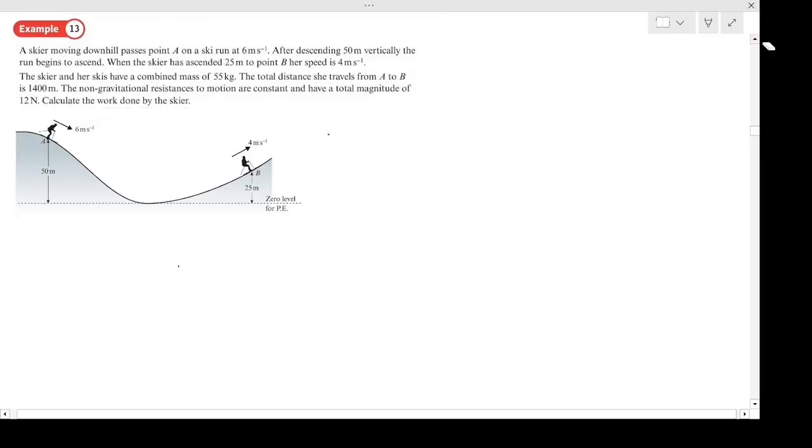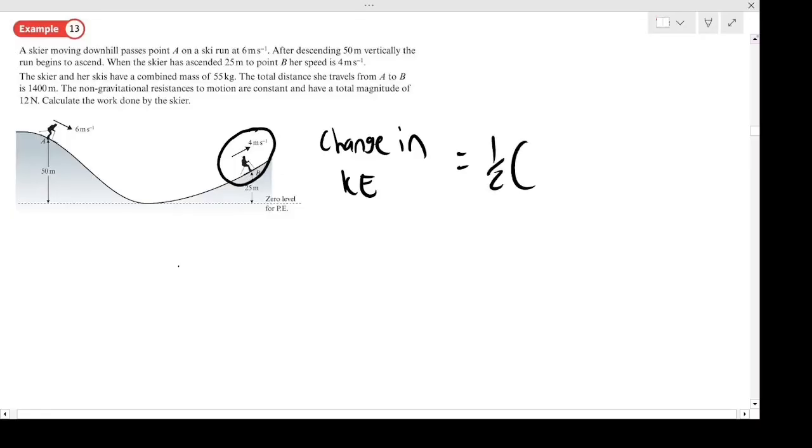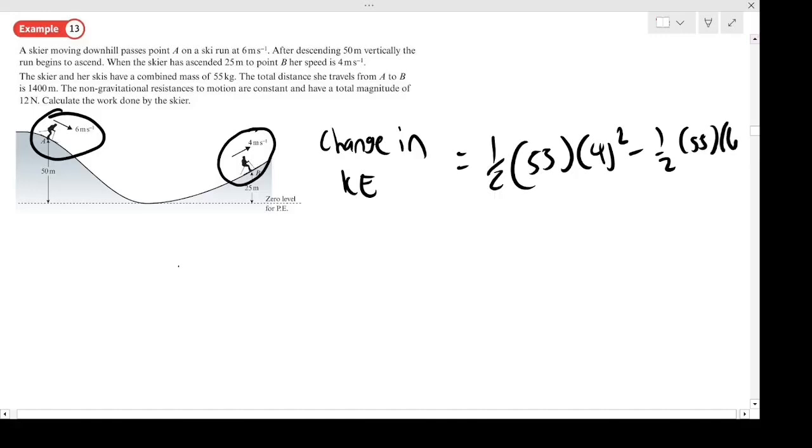So firstly, the change in kinetic energy. Well, that's going to be the final at the end, so it's going to be half mv squared. We know the mass we're told is 55. So it's going to be half times 55 times the final speed, which is 4 squared, and take away from the initial kinetic energy. So that's going to be half of 55 times 6 squared.